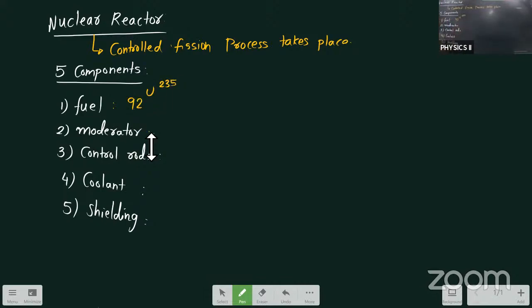What was the work of the moderator? Whenever the fission process takes place, neutrons are emitted, moving with very high velocity. In order to slow down the neutrons, we use a moderator. Moderators are used to slow down fast moving neutrons.